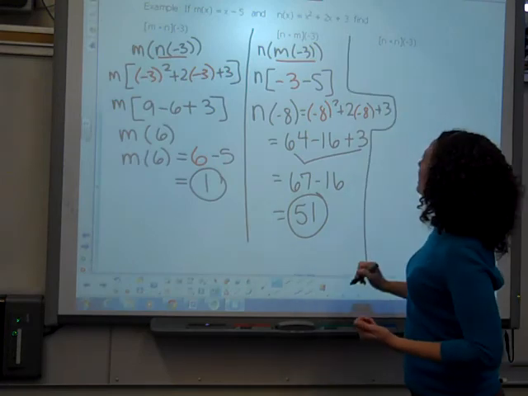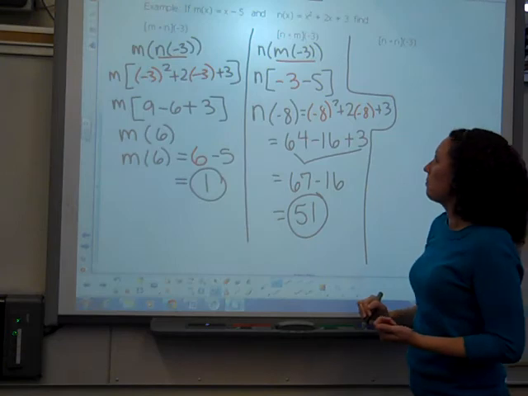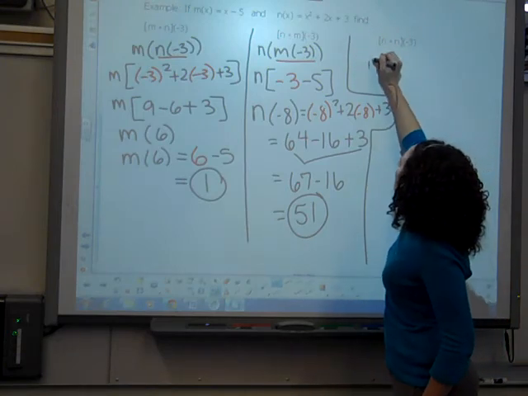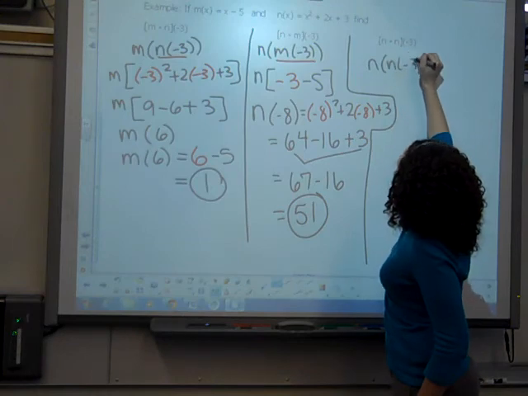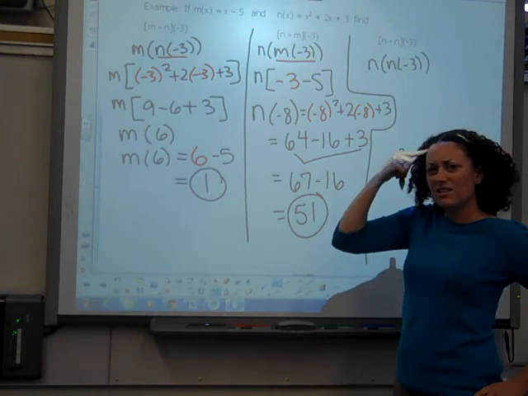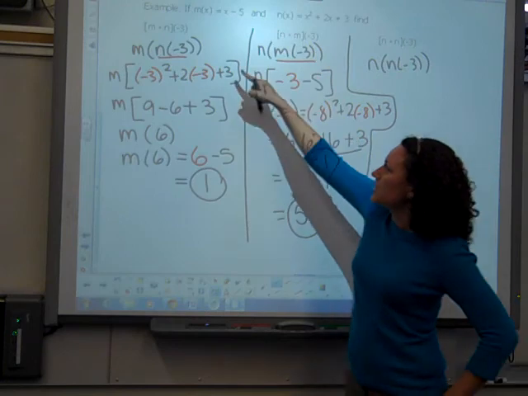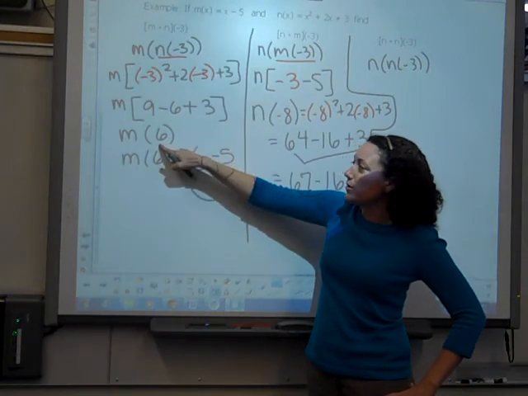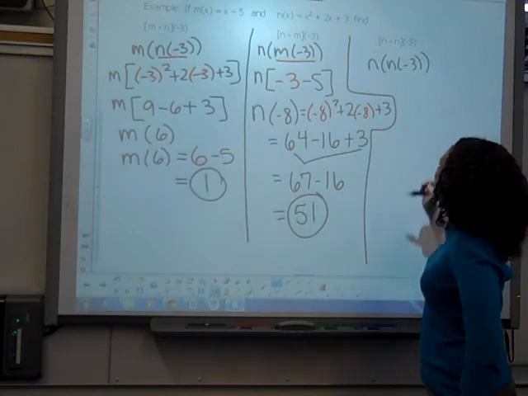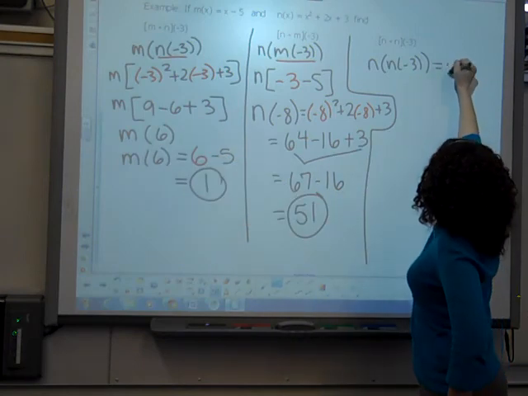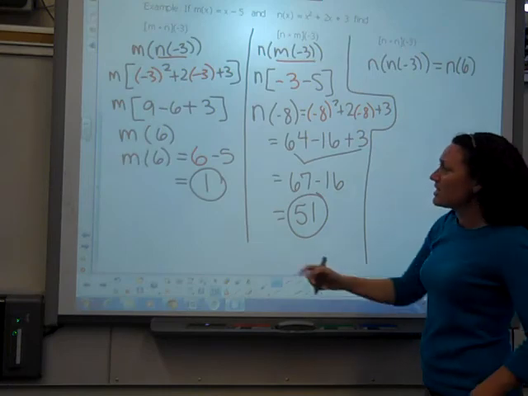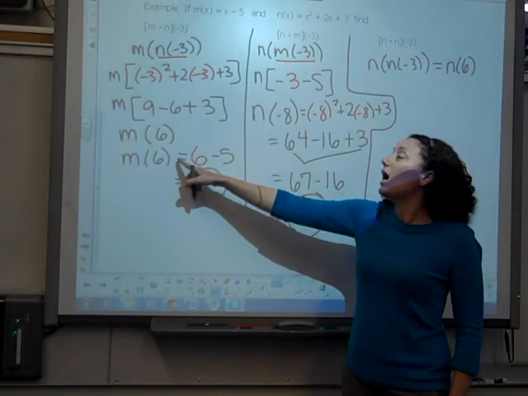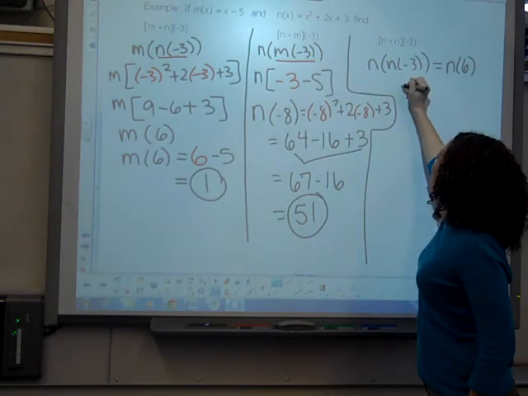Let's see what happens if I do the same function twice. Interesting. So this means I'm going to plug -3 in for the n function. Hey, didn't I do that already? Oh yeah, we did that for the first one. And what was our result again? Oh yeah, we did all this work and we found it was 6. So I'm going to cheat a little bit. I'm going to use that information and say that I know this is the same as n of 6. Now that doesn't mean necessarily I'm going to get the same result because I'm not plugging it back into m. I'm plugging it now into n.